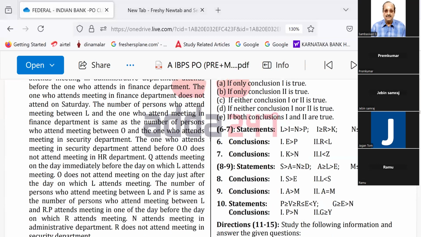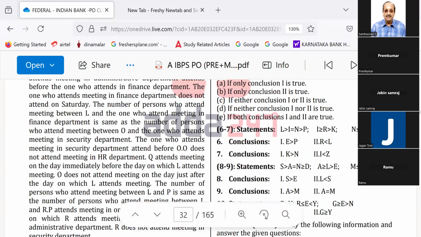The statements are like this. L is greater than I is equal to N, which is less than P. I is greater than or equal to R, which is greater than K. Then N is less than or equal to E, and E is less than Z. Please work out.